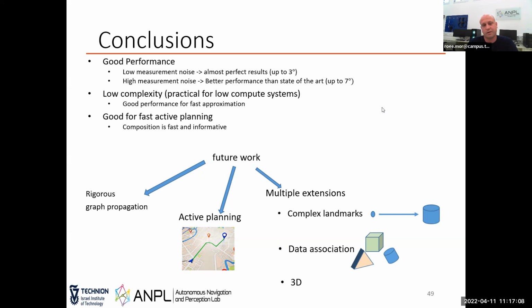You have to correctly handle data association and landmarks that are not points. All these topics will have to be implemented and researched a bit more to make it usable for actual autonomous systems. Yeah, so many exciting possible directions here.